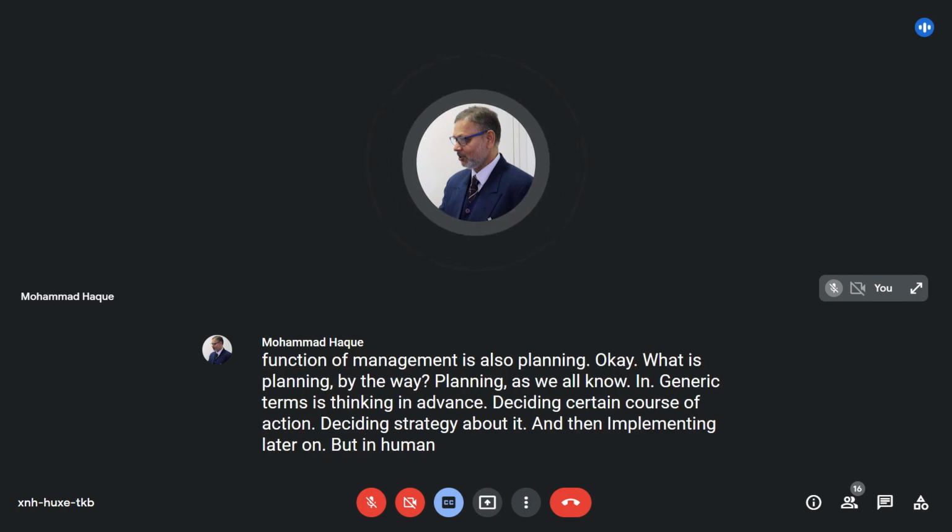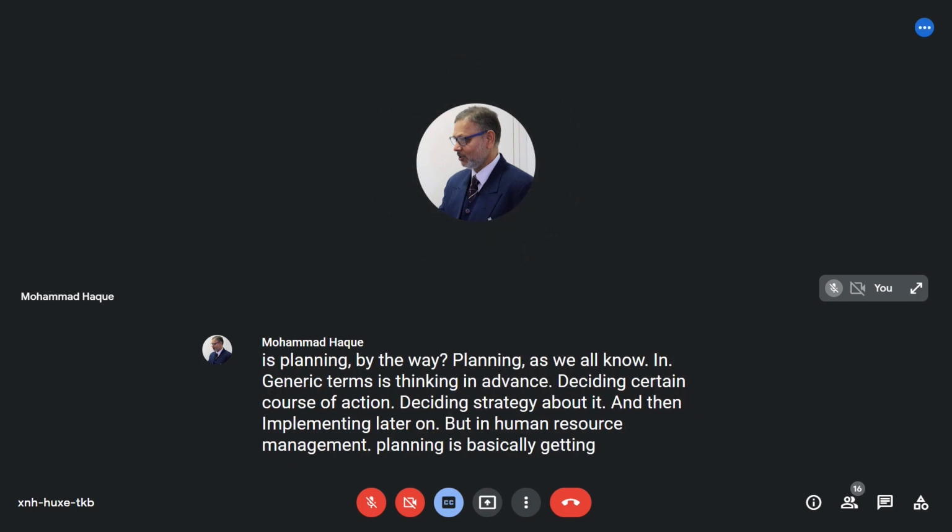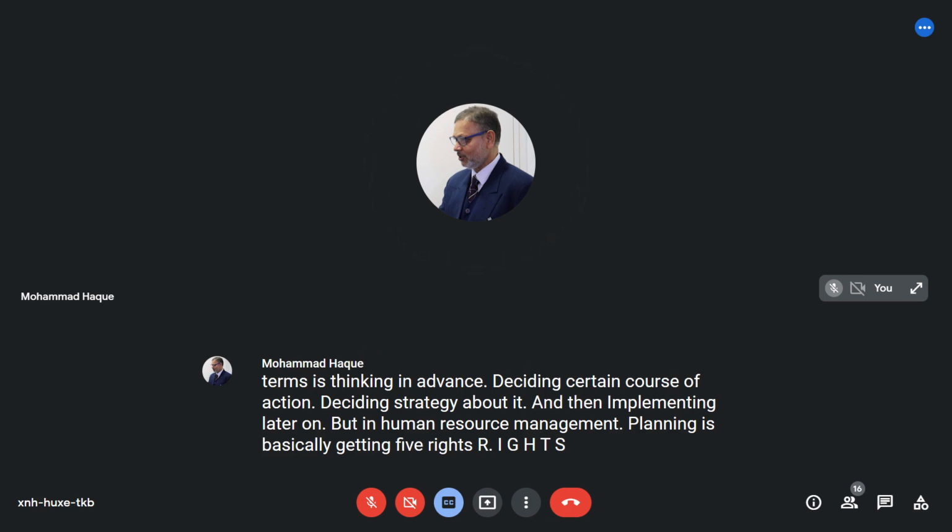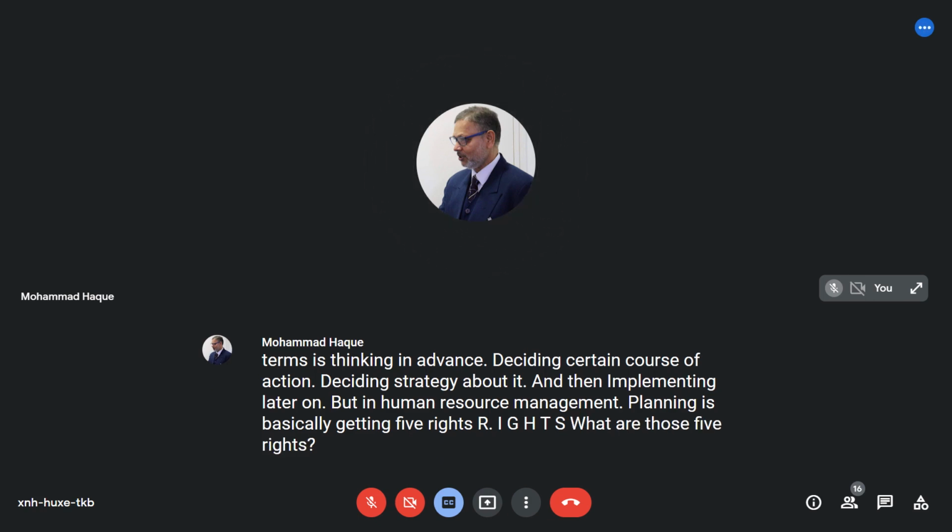But in human resource management, planning is basically getting 5 rights. What are those 5 rights? First right is getting the right person.